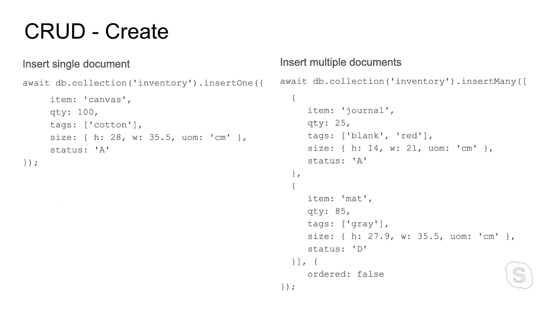One thing you can notice here: for all of these functions, whether create, read, update, or delete, the last parameter is options. In this case, it's the option called ordered false, because insertMany inserts the documents in the order they are presented in the array. If the first document fails for some reason and Mongo is not able to save it in the database, the second one will not even be tried.